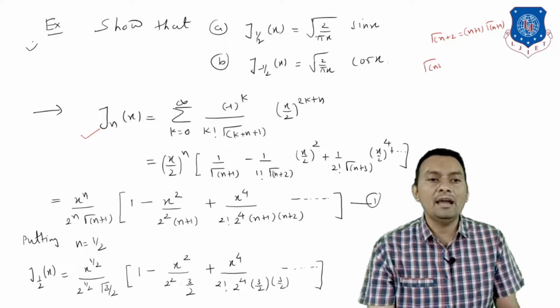Suppose you have gamma n plus 3, so in that case you can write n plus 2 into gamma n plus 2, but we have that gamma n plus 2 can be written as n plus 1 into gamma n plus 1.